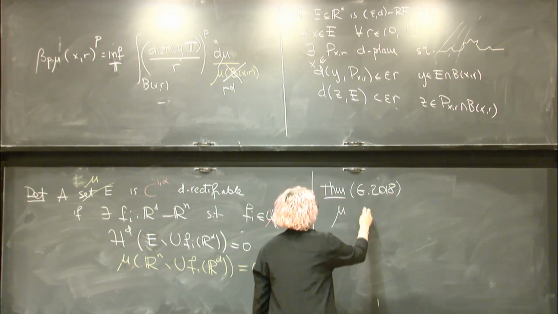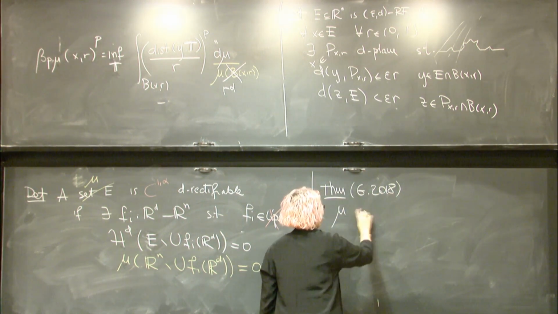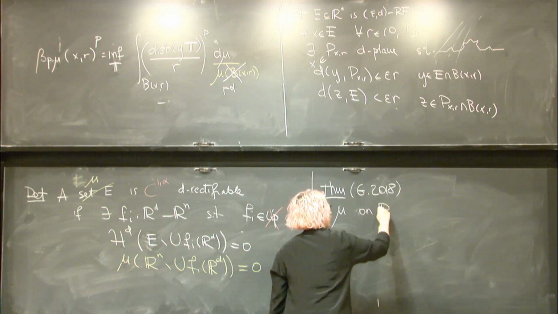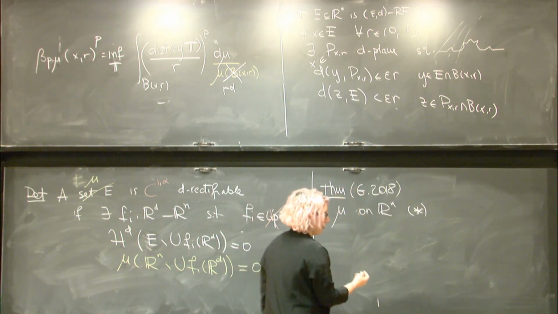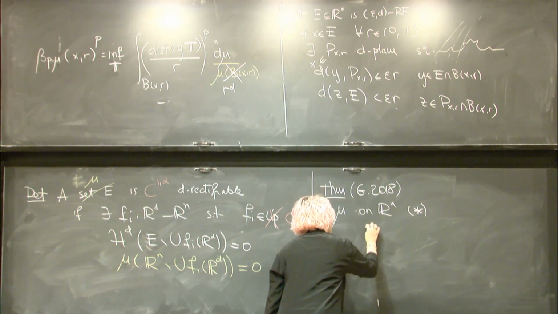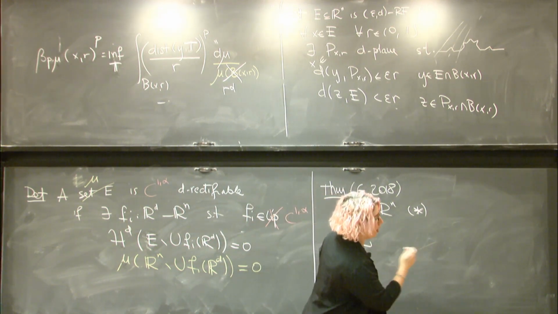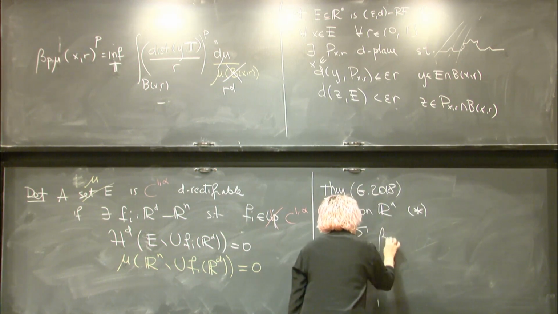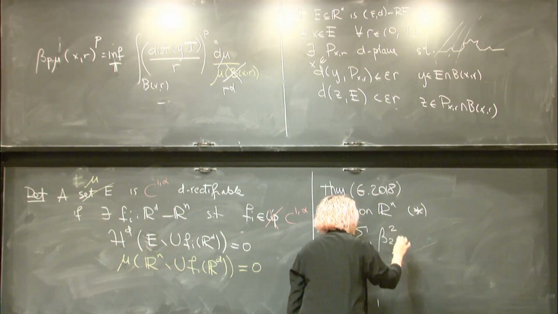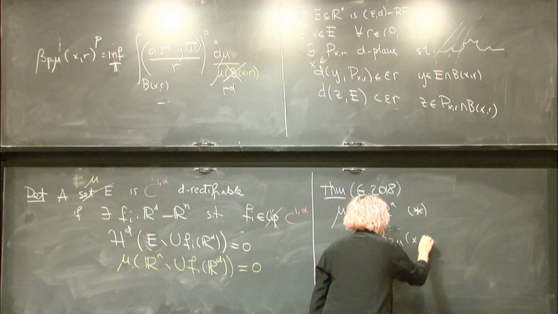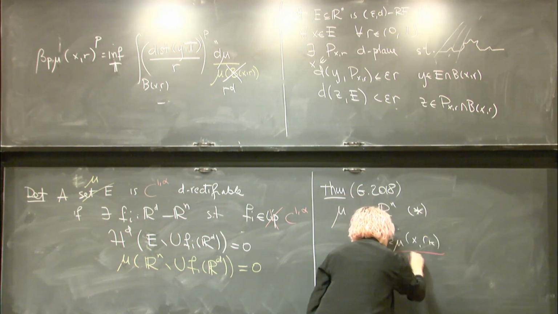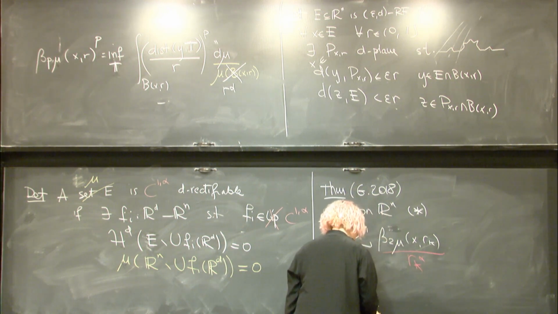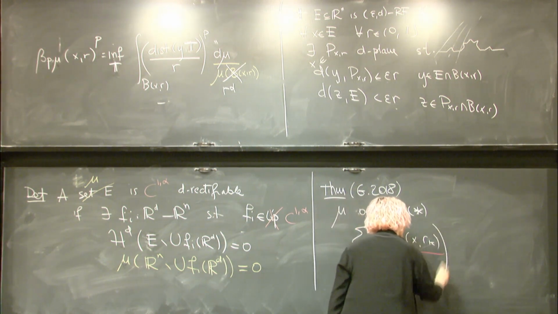So mu is a Radon measure on R^n which satisfies the density assumption in star. Then I'm going to get some conditions on the beta numbers. Let me take x and r_k, and I'm going to divide again by r_k to the alpha, squared.